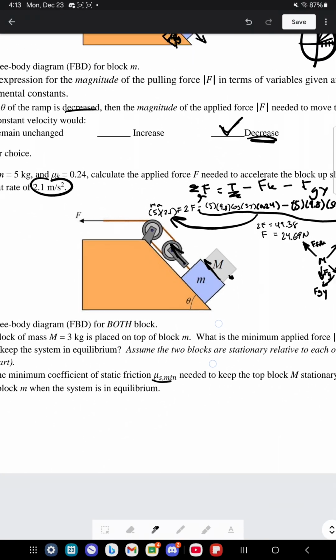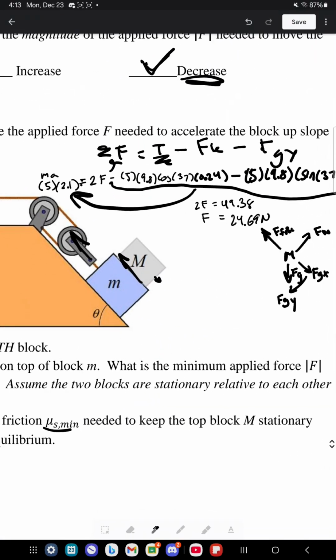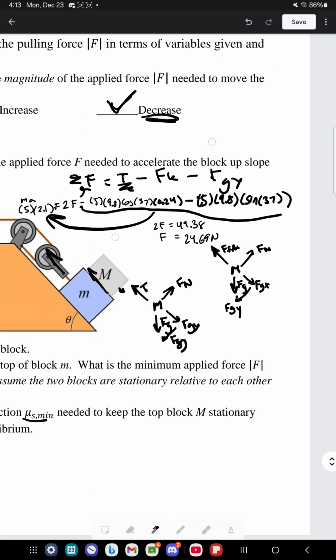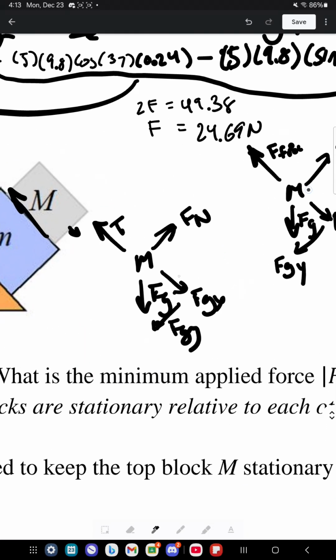And let's see, for the bottom block M, there is a tension putting it up, an F of G, F of GX, and F of GY, and that means there's also an F of N. But there is also not one but two forces of friction affecting it.